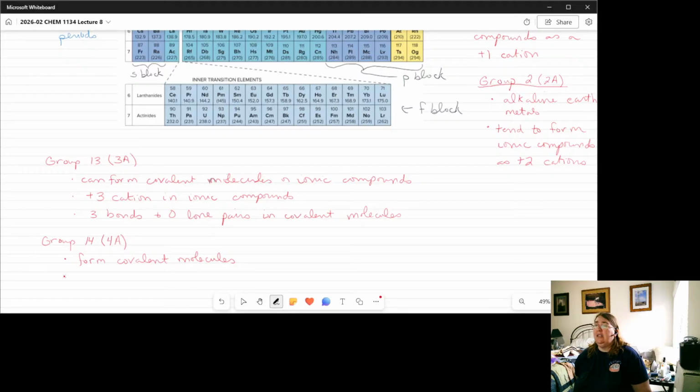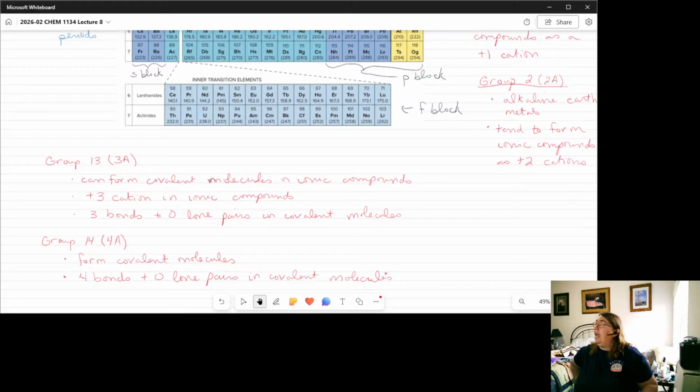It tends to form 4 bonds plus 0 lone pairs in covalent molecules. That is the more standard configuration.